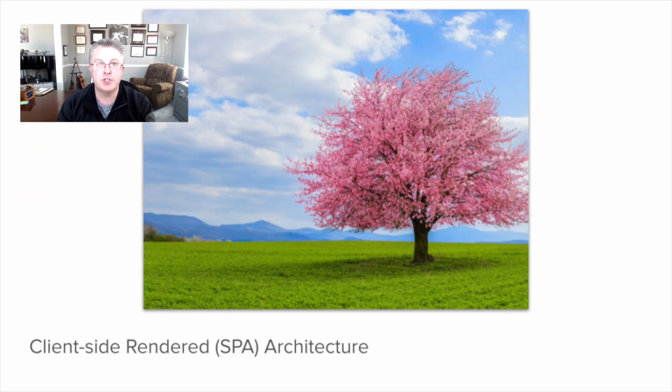The best analogy for a single page application might be a literal tree, where you can think about the spot where the tree grows out of the ground being the base state of the application when the server first returns the data.